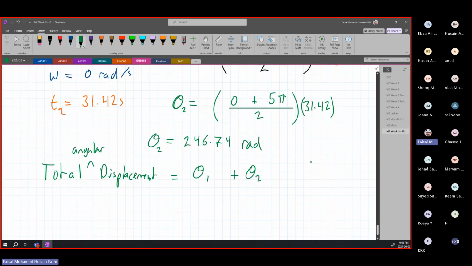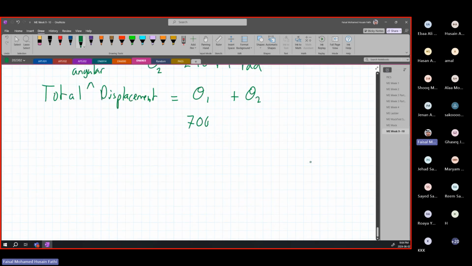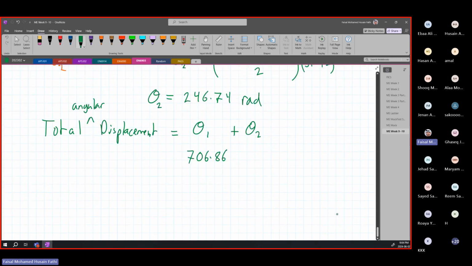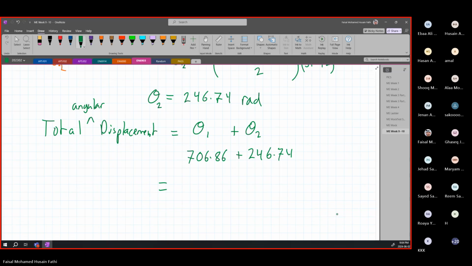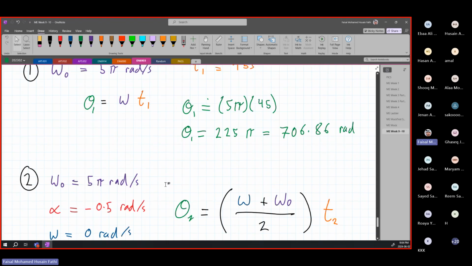So it's 706.86 plus 246.74. Our total displacement is going to be equal to 953.6 radians. And that's how you would find your total displacement. And that's pretty much it, how to solve.